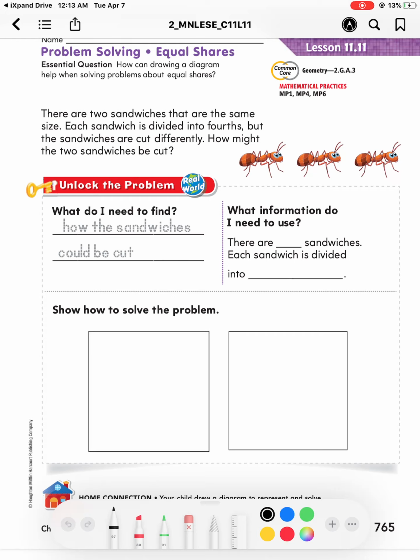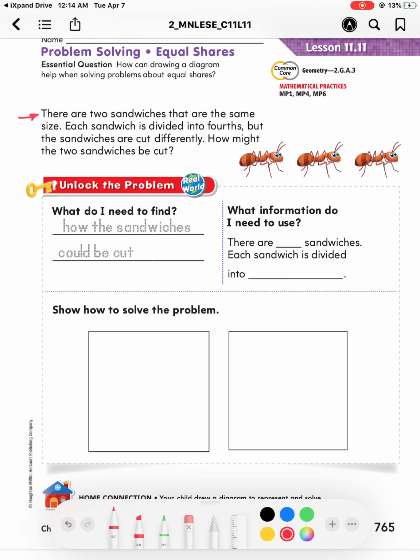It needs you to understand the question because it's a word problem, so you have to understand the words, know the keywords, what is required from you, and what you are asked to find, and what information you will need to use. So let's start our lesson together.